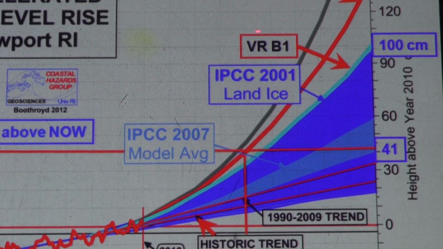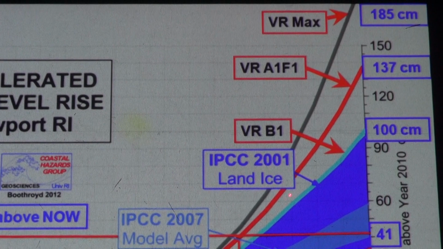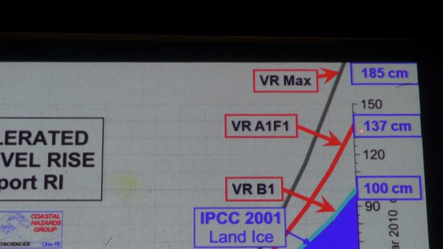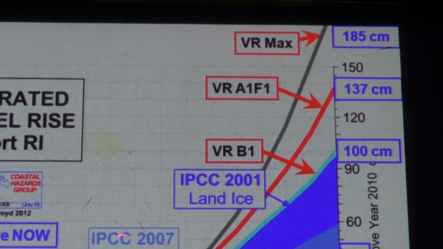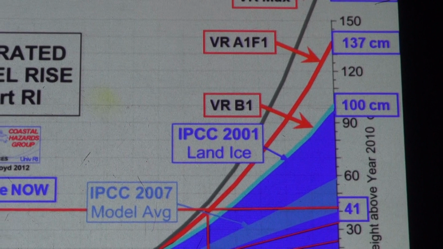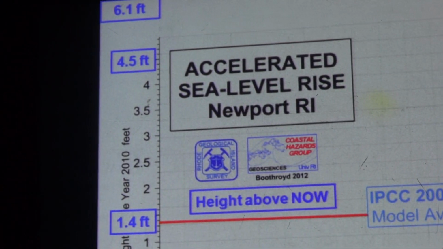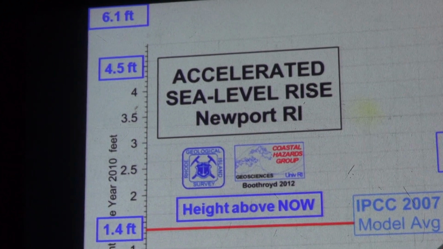And this is Vermeer and Rahmstorf's various modeled curves. We here decided to follow this one right here. So it's 1.4 feet by 2050 and 4.5 feet by 2100.